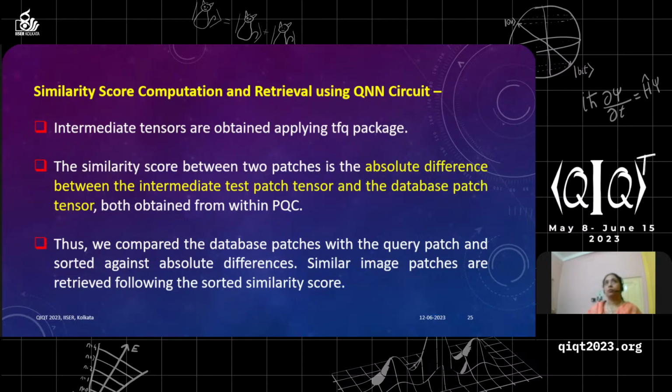With quantum neural network, number 1, we can execute similar algorithms much faster. And number 2, with quantum entanglement, we may capture the feature correlation more efficiently. That is our motivation to implement this.